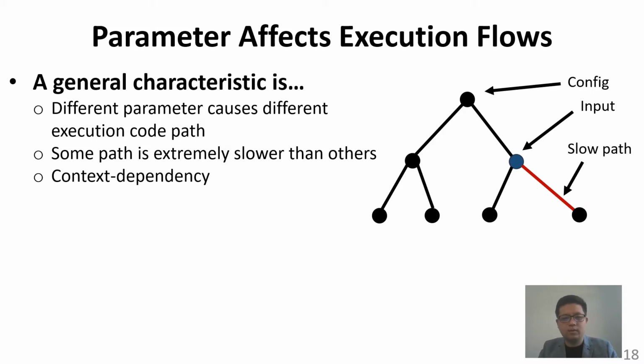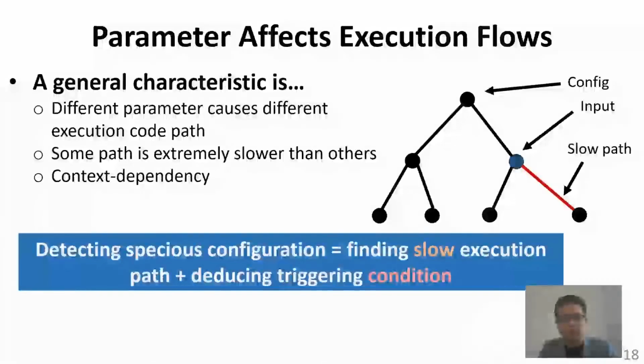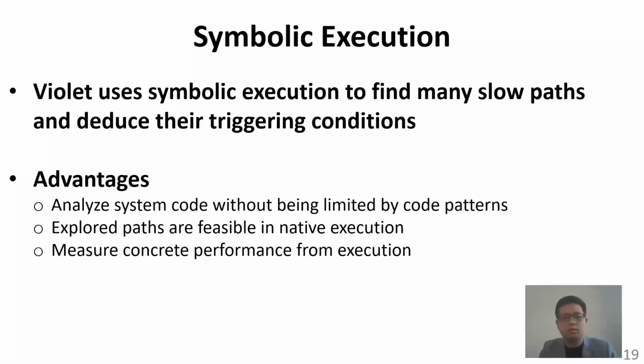With this finding, we can transform the problem of detecting specious configuration into two sub-problems: finding slow execution paths and deducing the triggering condition for the slow path. Thus, Violet takes a symbolic execution approach, which allows us to analyze system code without being limited by code patterns, explore all feasible paths, measure concrete performance, and deduce the triggering condition.